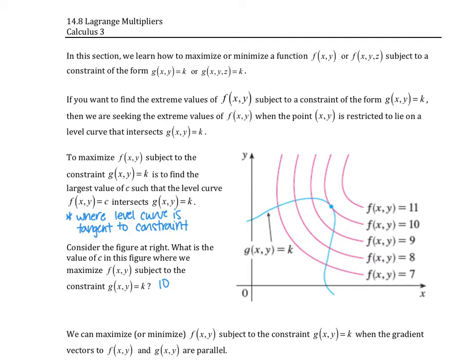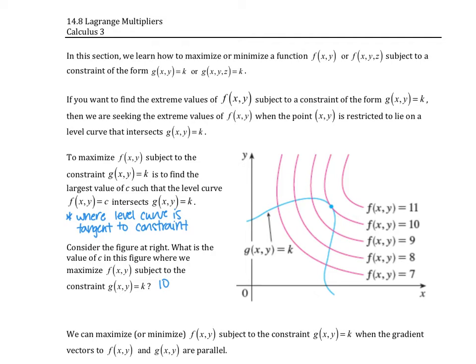What I want you to think about is the gradient field of the level curves. If you remember, a gradient vector is perpendicular to the curve at that point. It's the quickest way off of that curve, the fastest way we can get off that curve. It's the direction of maximum ascent.